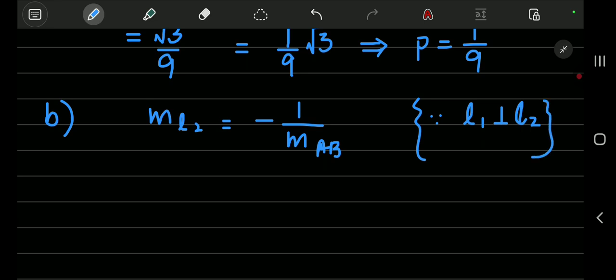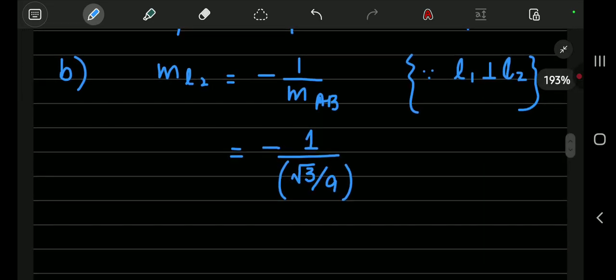So your slope was root 3 over 9, so we will be writing -1 over root 3 over 9, so it will become -9 over root 3.